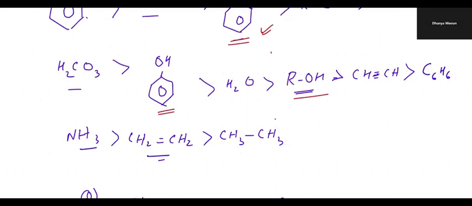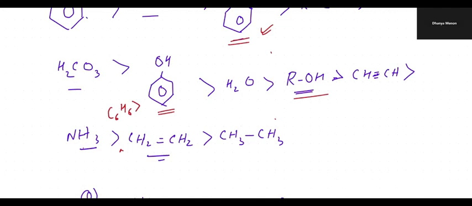Sorry, I placed it in the wrong position. So benzene, I'll write with red because I'm just adding this one, C6H6. So after ammonia comes benzene. After benzene comes this ethene. As I told you, there are a lot of groups that come in between. So we are just taking the important ones.